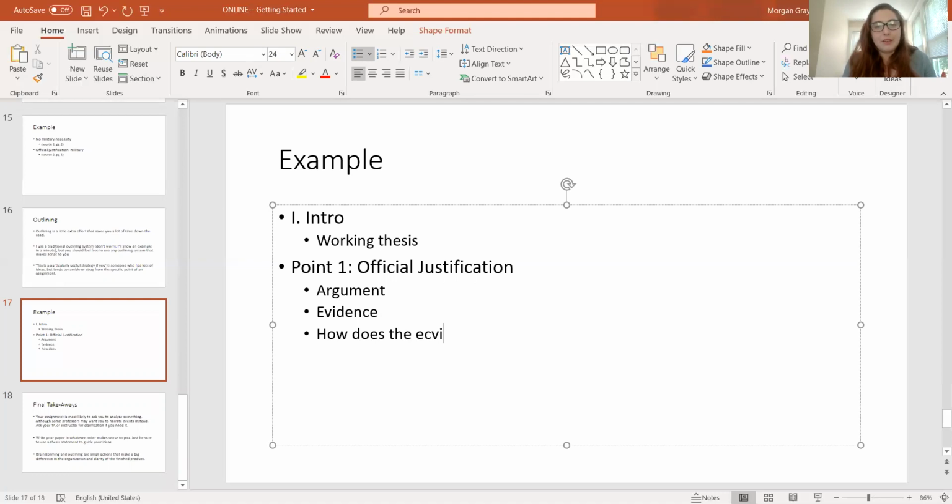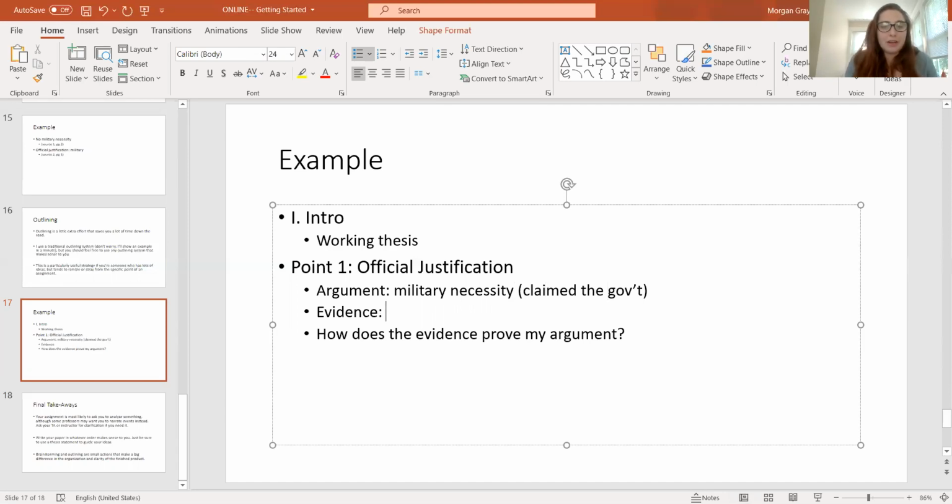None of this has to be in complete sentences. I might say argument, military necessity, claimed the government. My evidence, I can just write down what I wrote in the brainstorm, right?